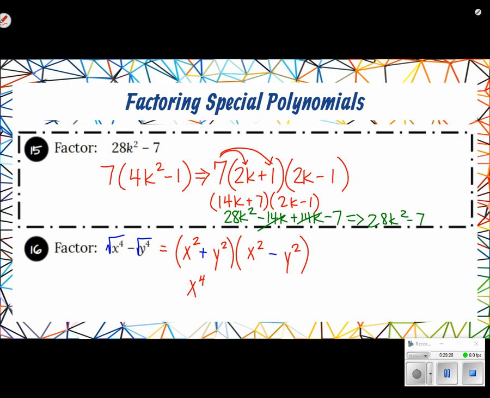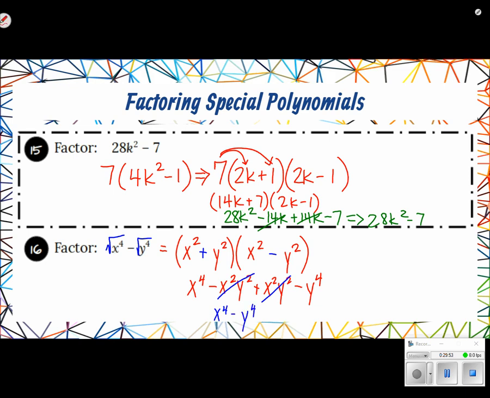X squared times negative y squared is negative x squared y squared. Y squared times x squared is a positive x squared y squared. Remember, I like to put my letters in alphabetical order. A positive y squared times a negative y squared is a negative y to the 4th. These guys cancel, leaving behind x to the 4th minus y to the 4th.